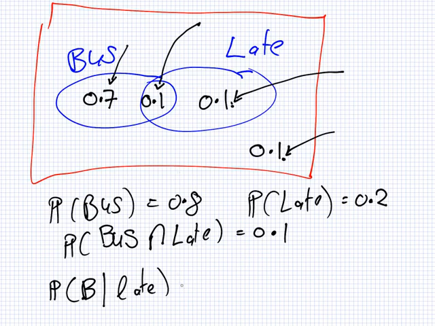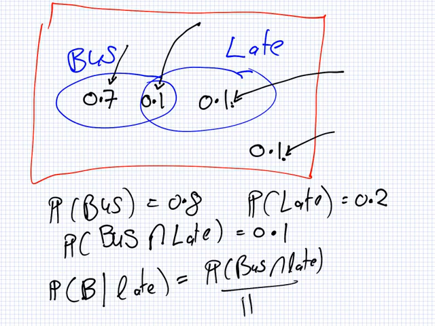So we want probability that they took the bus given that they were late to class. So this is probability of bus and late over probability of late, which is 0.1 over 0.2, which is a half. So if somebody is late, there's a 50% chance they took the bus.